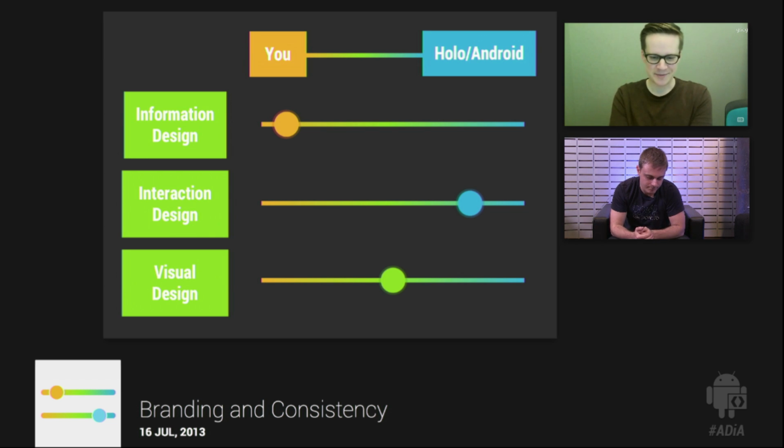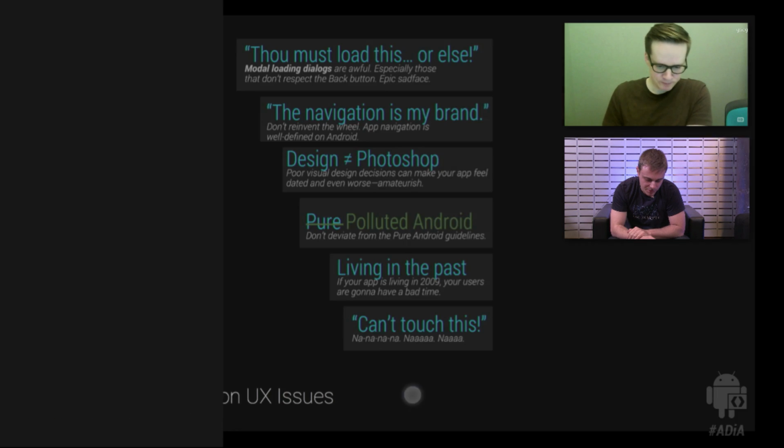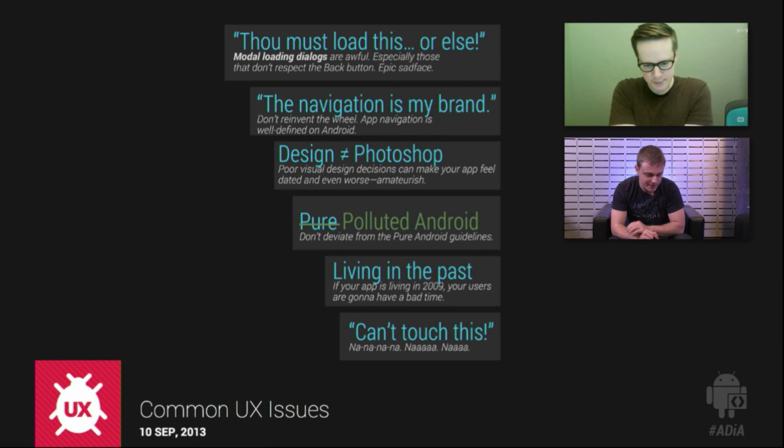Okay, so let's move on to common UX issues. Yeah, so this was definitely one of our more ranty episodes, one long rant. There was a top 10 list, we counted it back, of really common UX issues or problems that we on the developer relations team see.